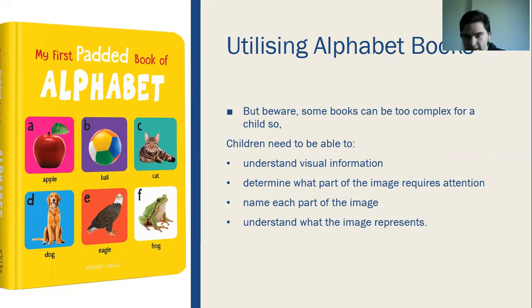They should all have their names, and it can be understandable. So children need to be able to, as we have said, understand visual information given in the alphabet book. They should be able to determine what part of the image requires attention, and they should be able to name each part of the image, and understand what the image represents.